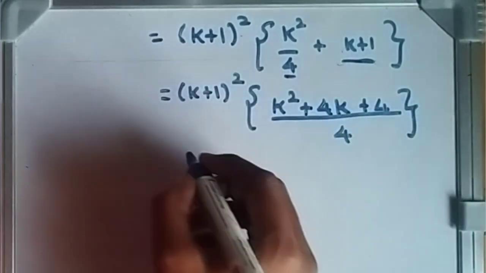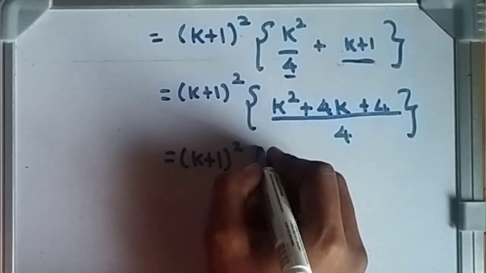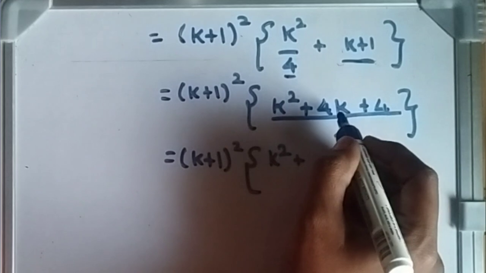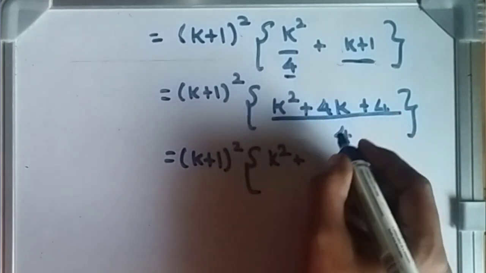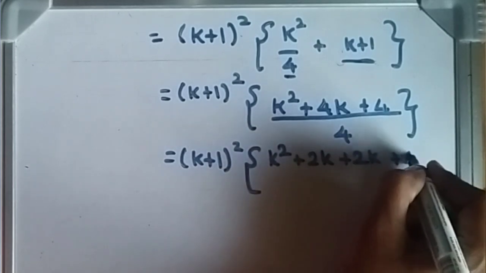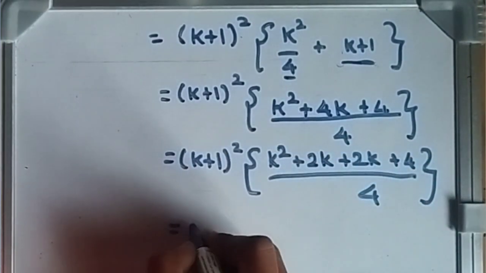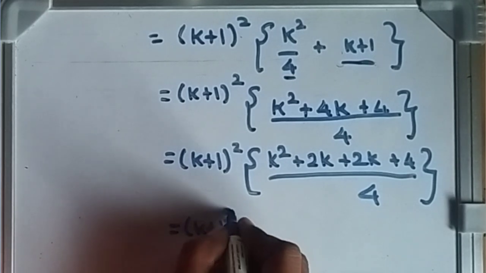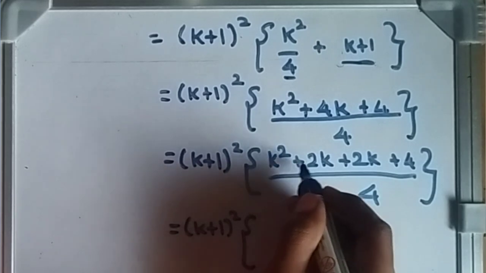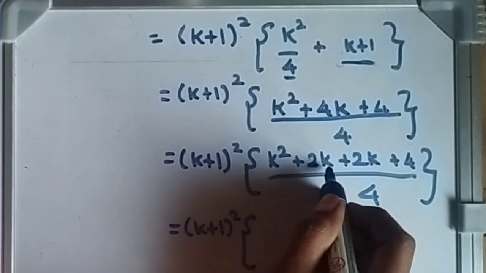Right? Right. So I keep k plus 1 the whole square as common, and k squared as it is. I am going to replace this 4k as 2k plus 2k, plus 4, divided by 4. So k plus 1 the whole square multiplied by, I am going to take k as common. Here k squared contains k, here 2k also contains k.